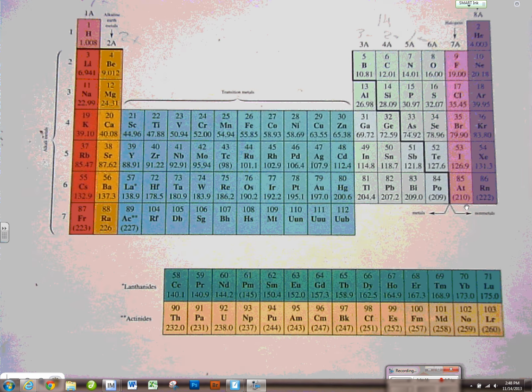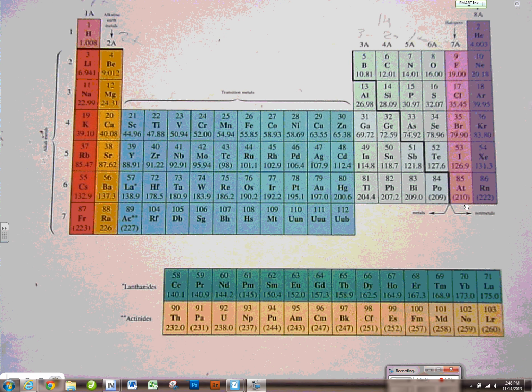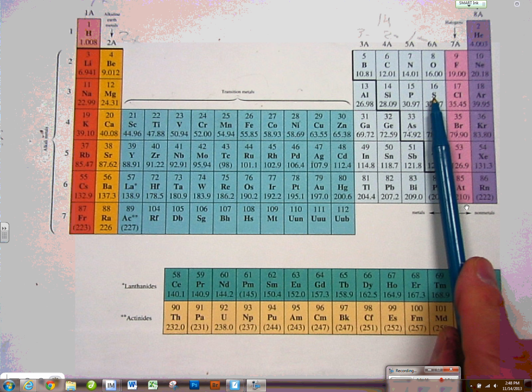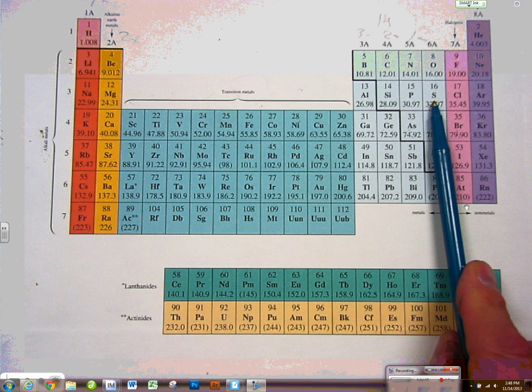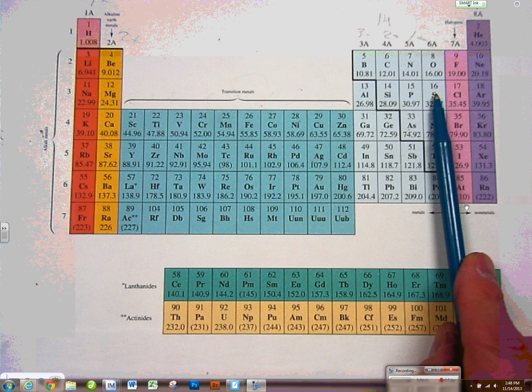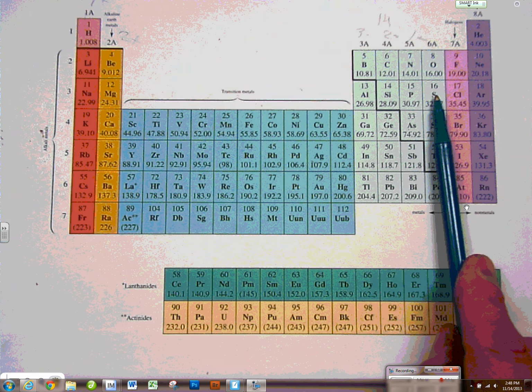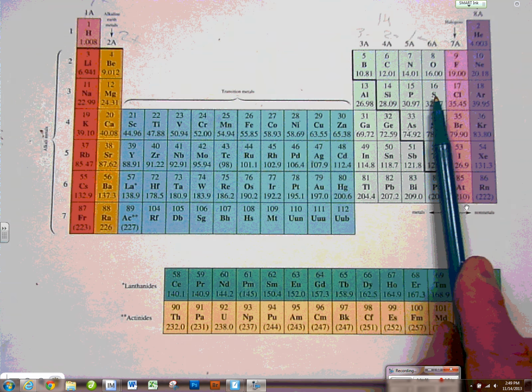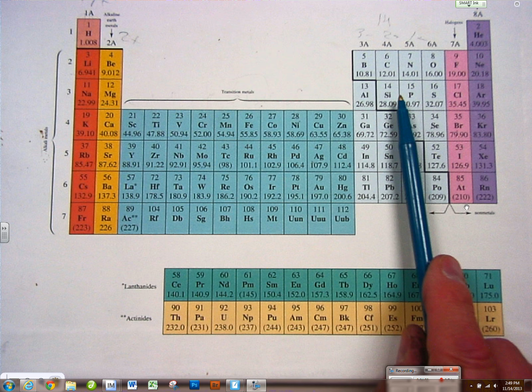Okay, when sulfur gains electrons, sulfur, the atom, has 16 electrons to match his 16 protons. But sulfur has 6 valence electrons. 1, 2, 3, 4, 5, 6.